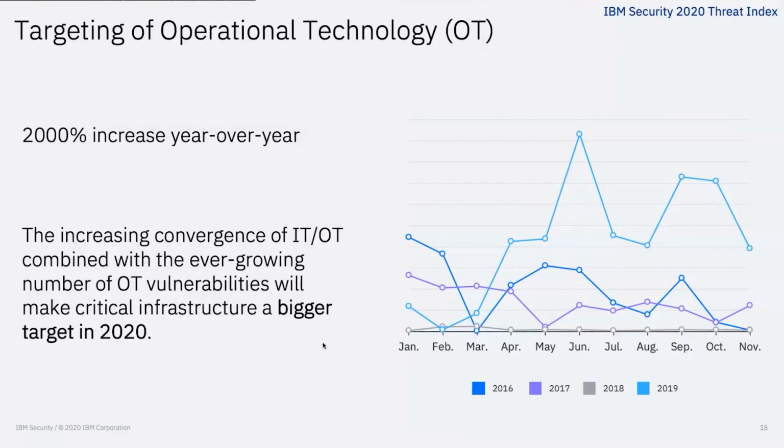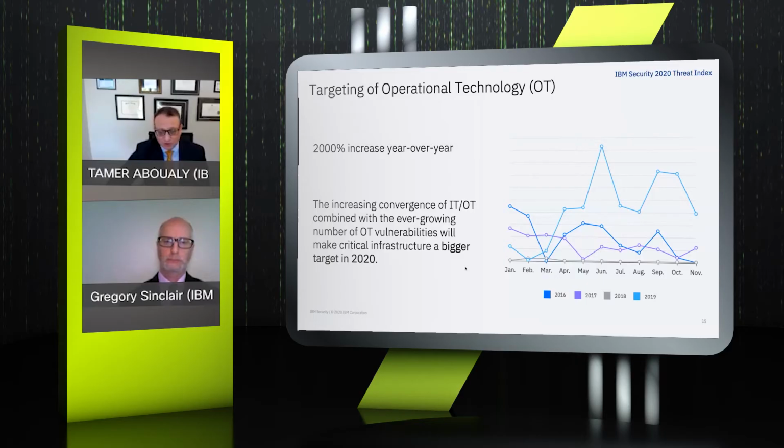And of course, if you're talking about a city infrastructure or water or things that really regulate our daily lives, it becomes more interesting and lucrative for attacks by those who wish to impact how we live.